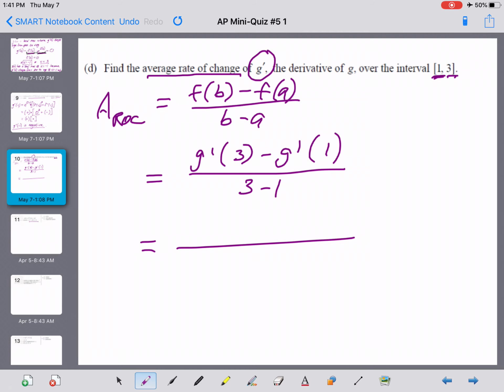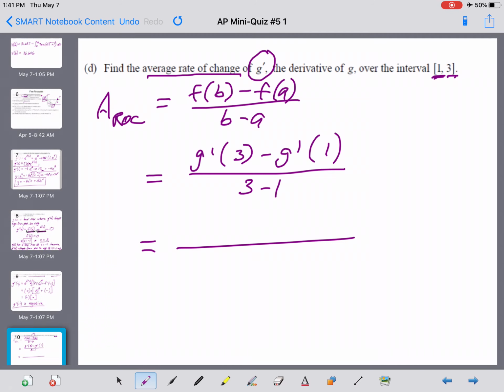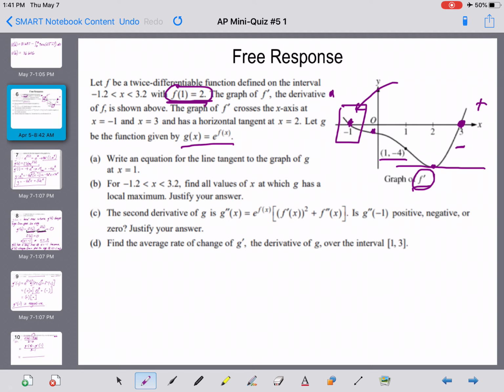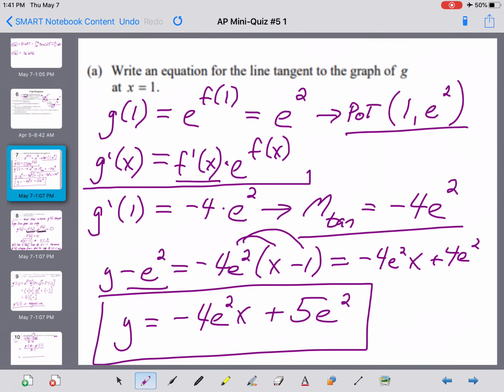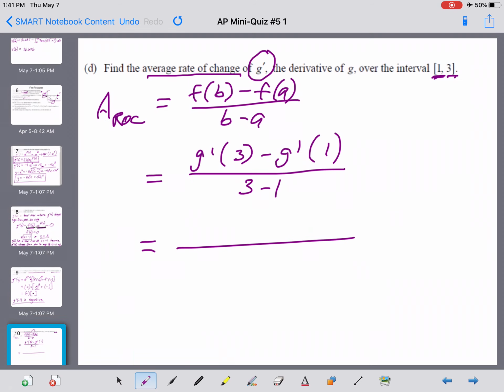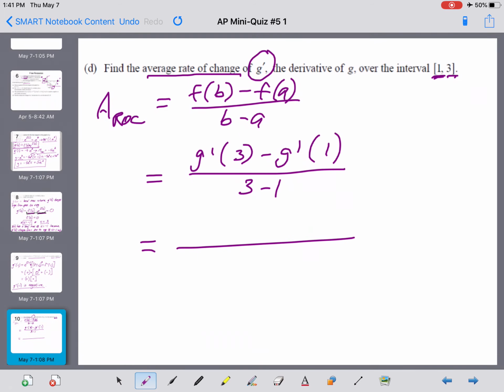All right, and let's see what we've got right here. So g prime of 3. Have we found that particular value yet? We've got the equation for g. We know that g prime right over here is this expression. But I don't think we've actually evaluated that just yet. We do know the value of g prime of 1, and I think we're going to need that in just a second, but I don't think we have found g prime of 3 yet.